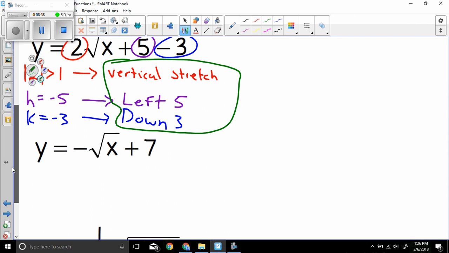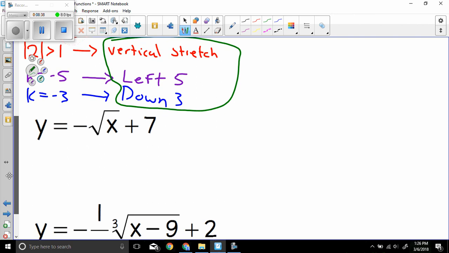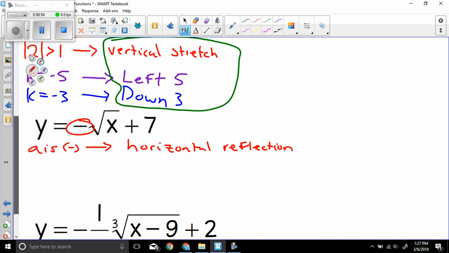Look at the next one here. I have this negative sign out front. Well, it's negative 1. Okay, it's negative. A is negative. If A is negative, then I know that there's a horizontal reflection. That's right away. Okay, then I compare the absolute value, which is negative 1.